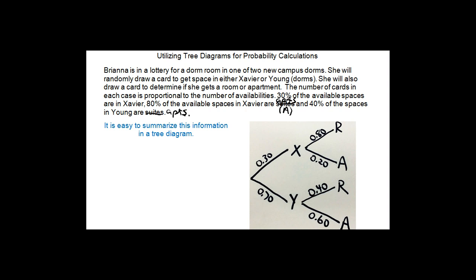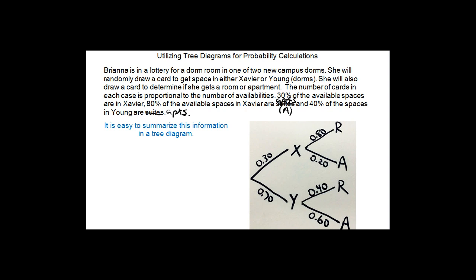Okay, you'll notice I've sort of corrected my little typo. I was using suites and apartments interchangeably, and I didn't catch that until I started the problem, and I definitely don't want to do this again. So I just modified it. So we're going to call them apartments from now on. In any case, there's your tree diagram.